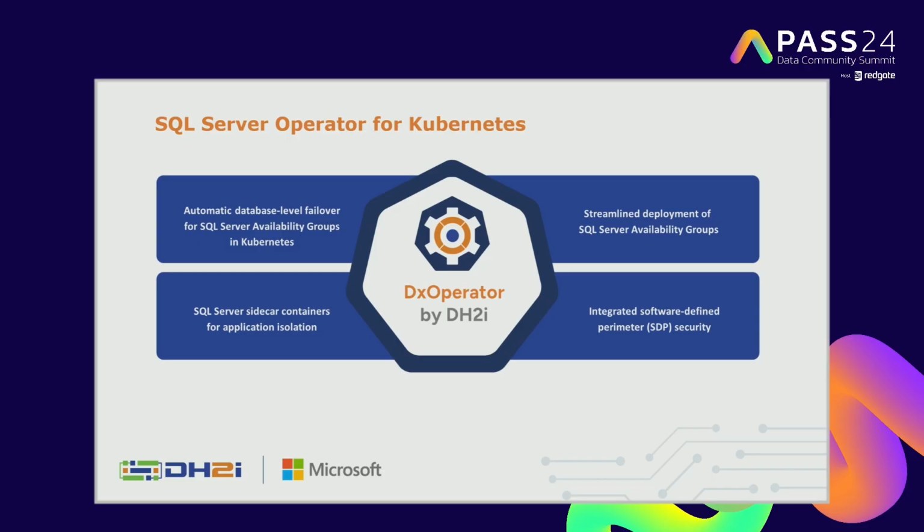You have to make sure that the certificate from the primary is replicated across all your secondaries before you can join each secondary into your AG. All of that takes time and work to get done. And with the operator, all of that can be streamlined and done for you.